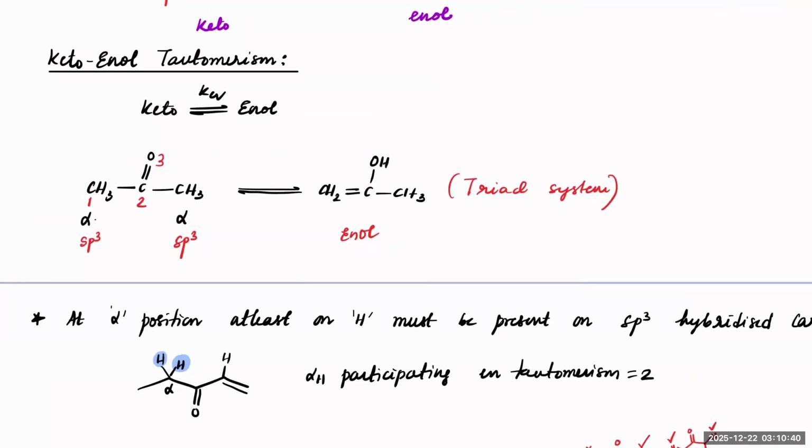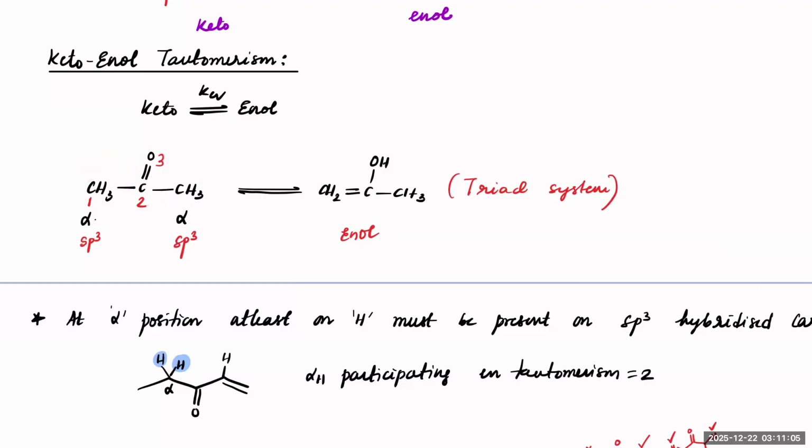Now our main emphasis should be to understand keto-enol tautomerism in much more detail. Check out. If you have ketone and enol, both exist in equilibrium with K equilibrium given like this. So you notice this. The first carbon connected to the C double bond is usually called the alpha carbon.